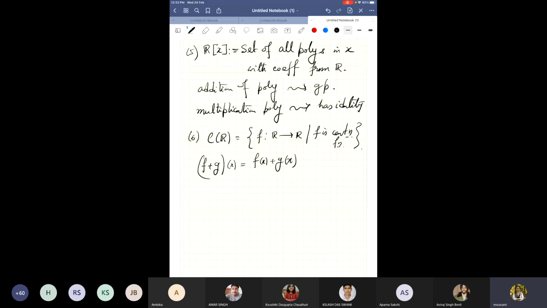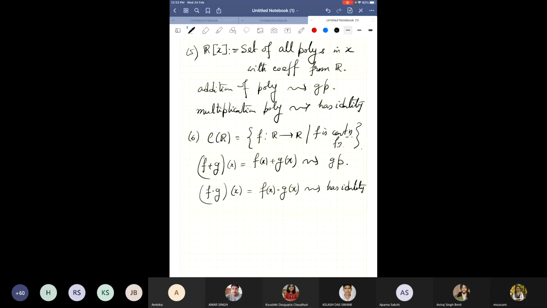With respect to this, it forms a group. And I will define the multiplication, f times g evaluated at x, to be pointwise f(x) times g(x). Okay, what will be the multiplicative identity? f(x) equal to 1.